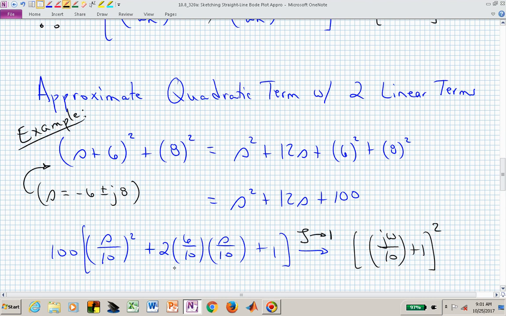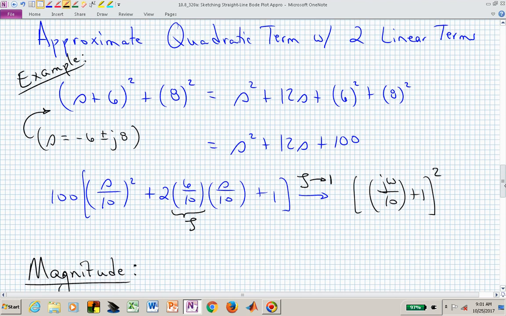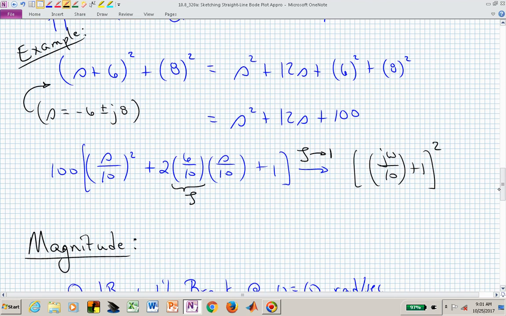And here is the zeta piece. In this case, we're saying go from 0.6 to 1, and that now allows us to approximate. So this approximation step is allowing us to simplify the sketching of these quadratic factors.